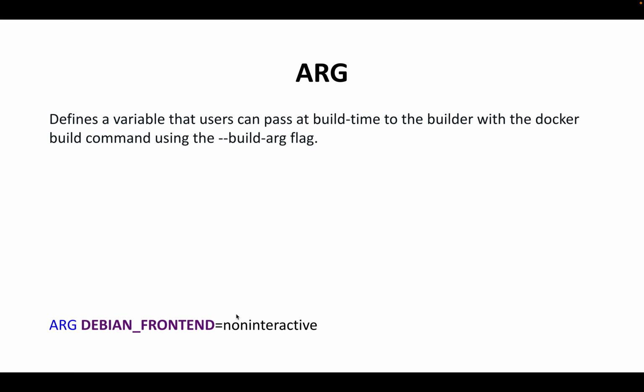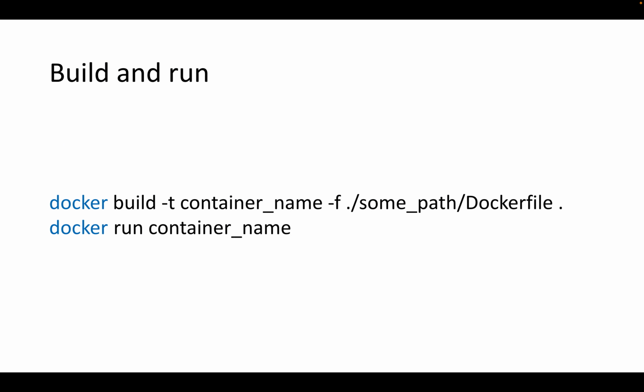In my example Dockerfile, I used this ARG DEBIAN_FRONTEND noninteractive in order to prevent apt-get from asking for additional confirmations. So those were just the Docker instructions that you specify in your Dockerfile.